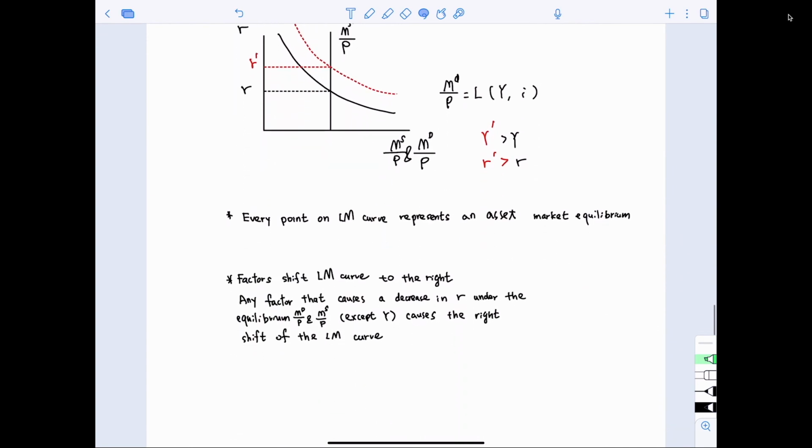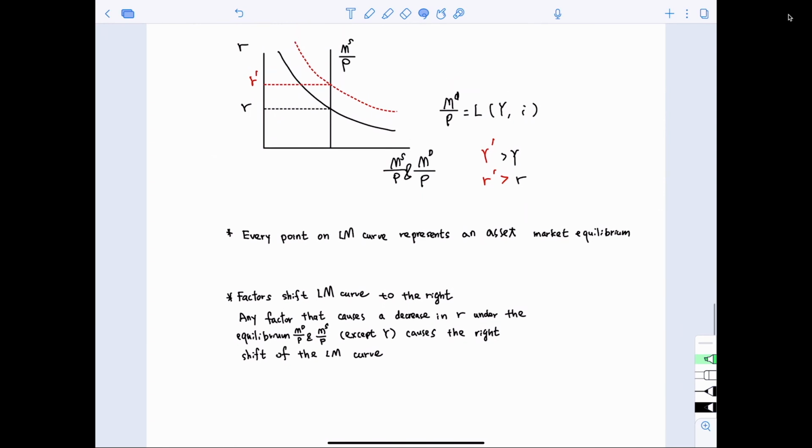The factor that will shift the LM curve to the right will be the factor that causes the decrease in R under the equilibrium of the money demand and the money supply in real terms, except the changes in Y. All of them will cause the right shifts of the LM curve.